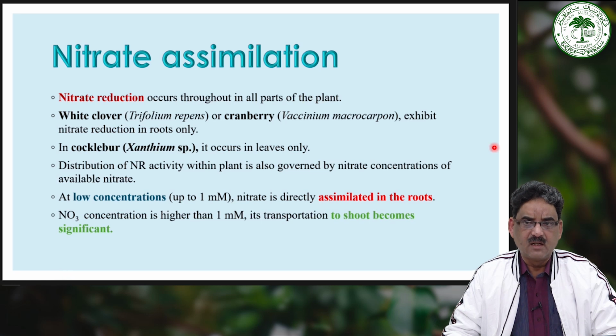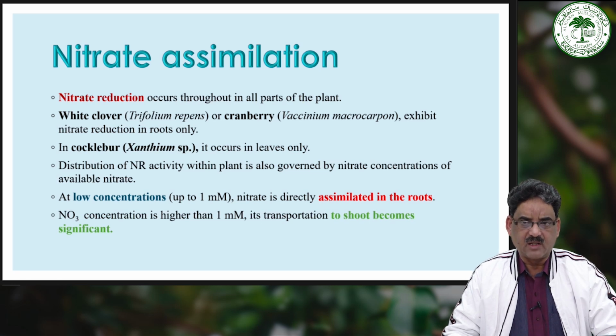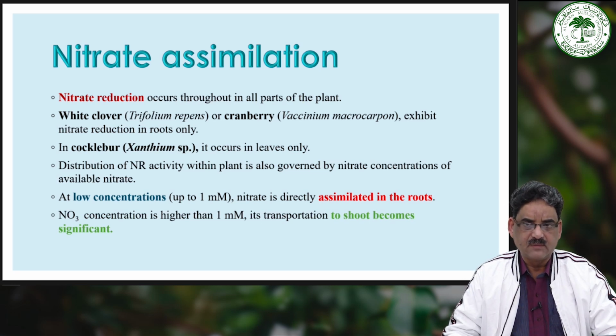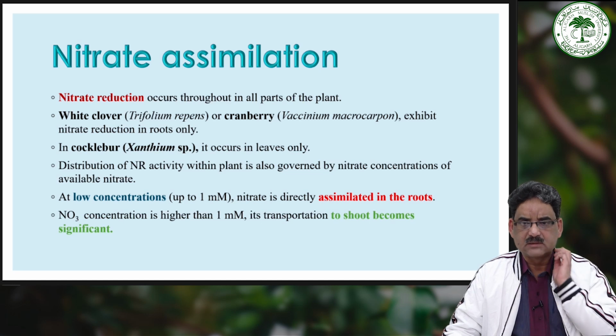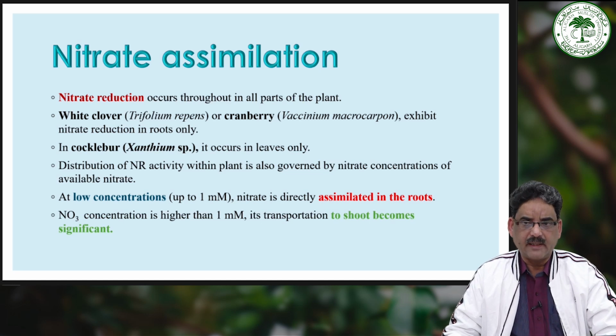Nitrate reduction takes place throughout the various parts of the plant. Certain species like white clover, Trifolium repens, or cranberry, that is Vaccinium macrocarpon, primarily undergo nitrate reduction in their roots, while in others like cocklebur, that is Xanthium species, this process occurs exclusively in leaves.